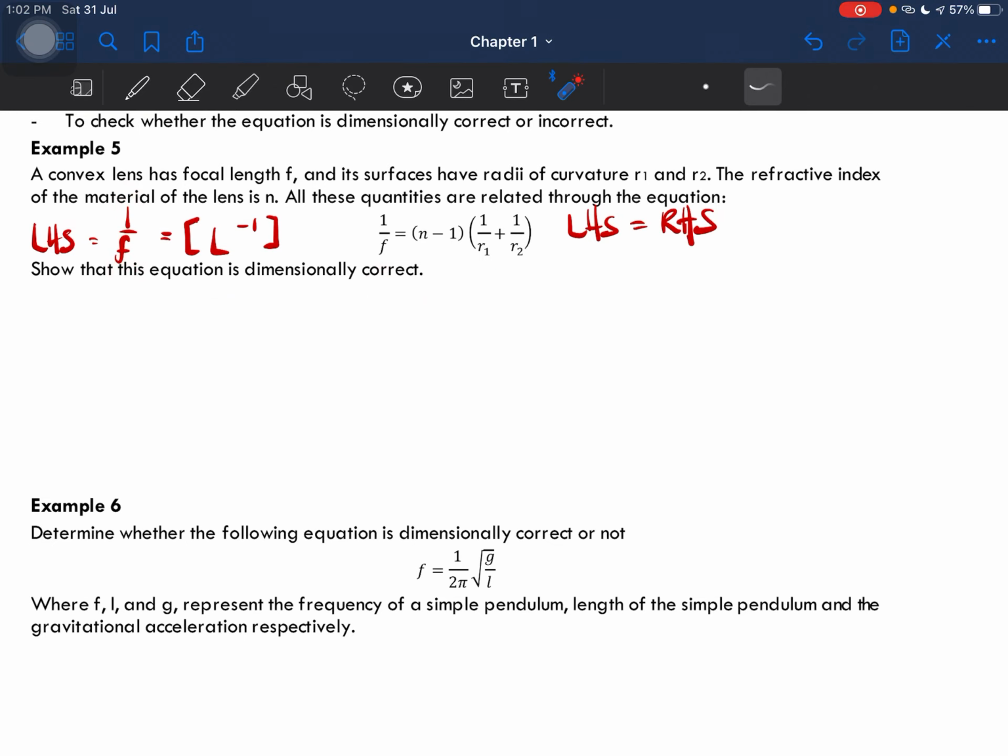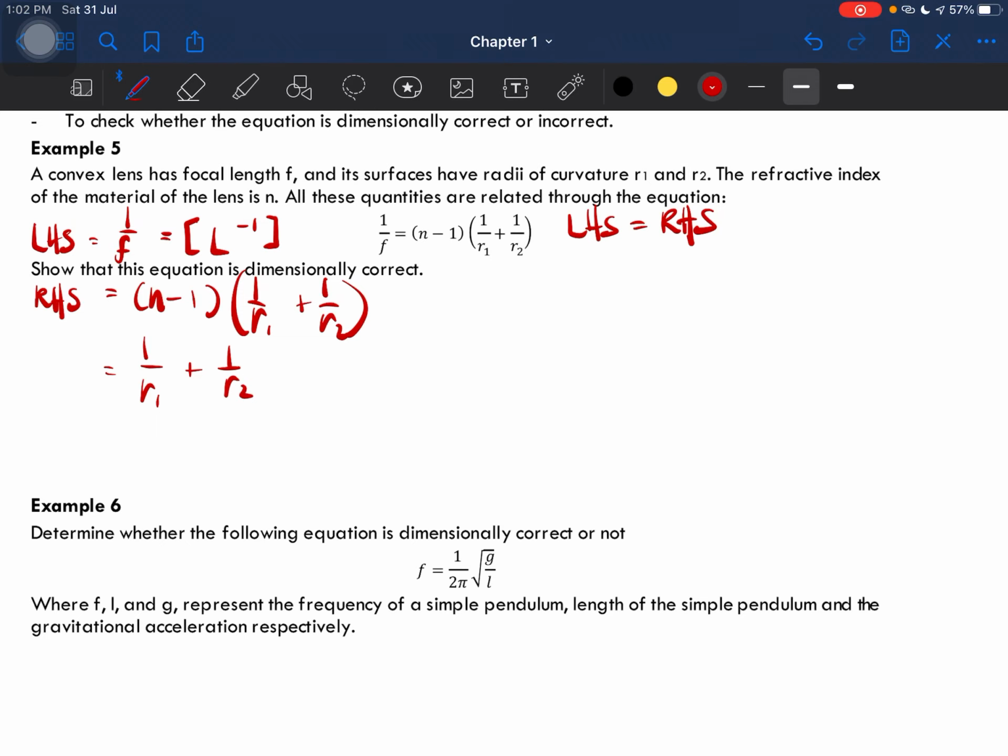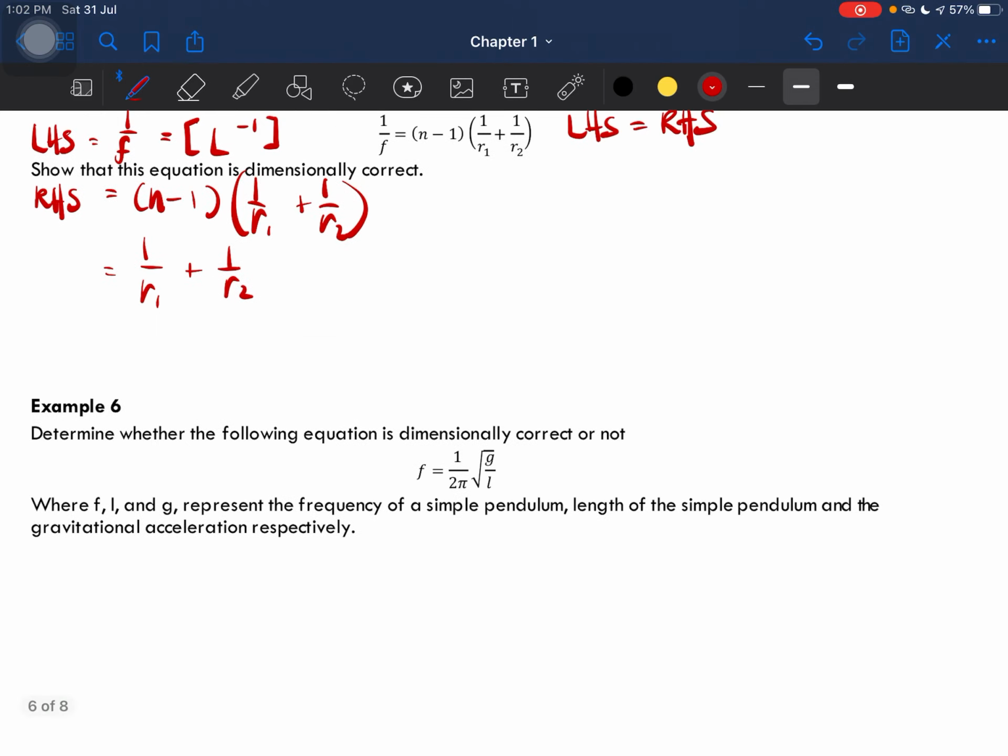Okay? Alright. Next is the right hand side. So right hand side is n minus 1, 1 over r1 plus 1 over r2. But we know that n is dimensionless, so we can just remove that n and use 1 over r1 plus 1 over r2. Okay?